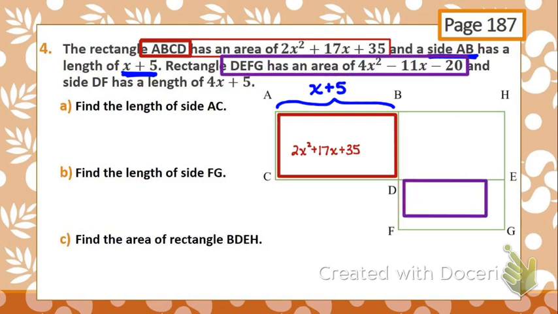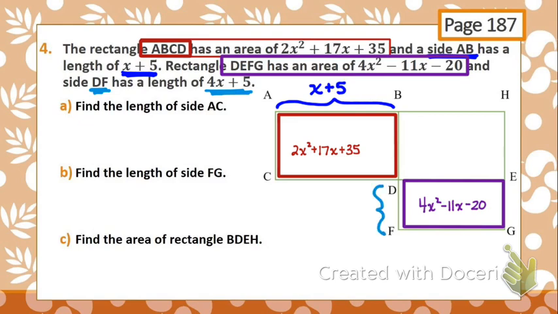Well, down here is DEFG. So I'm going to go ahead and write the area in there. 4x squared minus 11x minus 20. Anything else? So DF has a length of 4x plus 5. That's this little thing right here.